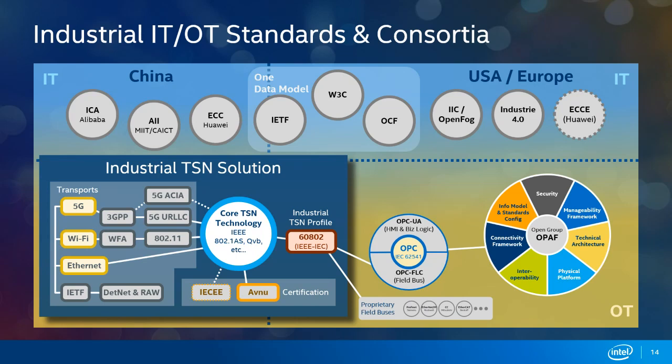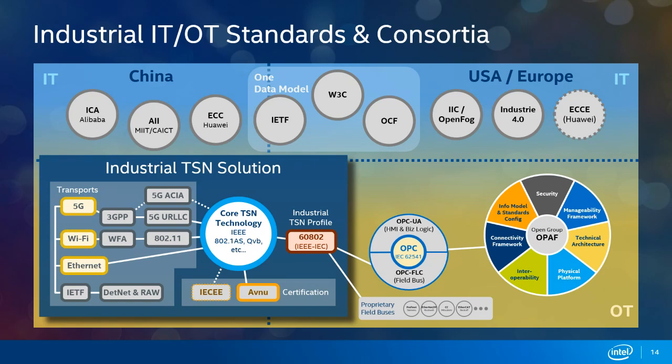The communication profile is commonly referred to as TSN, and this stands for time-sensitive networking. If you can imagine products flying down the line in a factory and machines all dancing in unison to create these products, these all have to be time coordinated. And this is what we're attempting to standardize and converge from all the existing proprietary field buses that all have time sensitivity built into them, but in a very proprietary way.